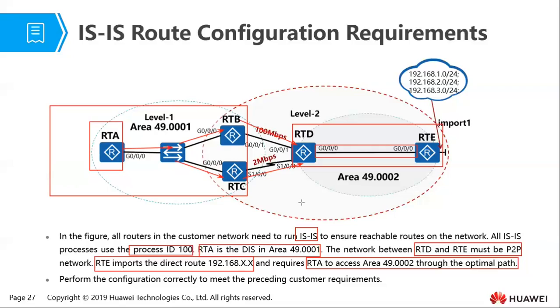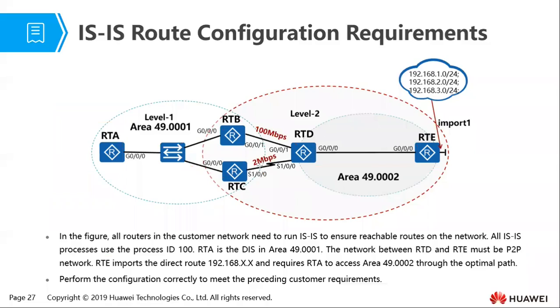RTB. RTB. Reason? RTC is connected to RTB using a serial connection, which has a lower speed, 2 Mbps, while the Ethernet cable has a speed of 100 Mbps. So RTB is clearly the optimal path.